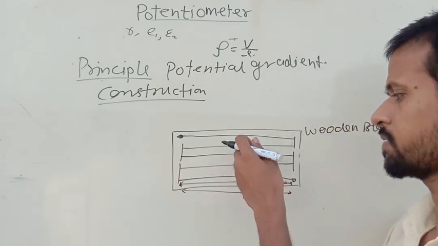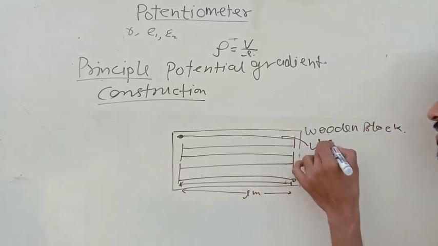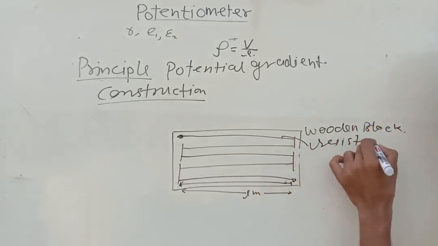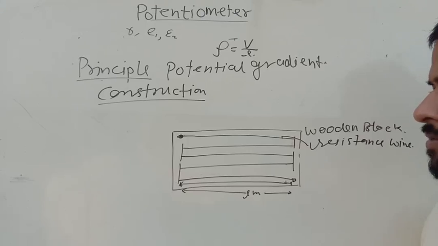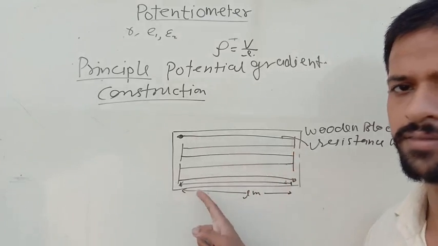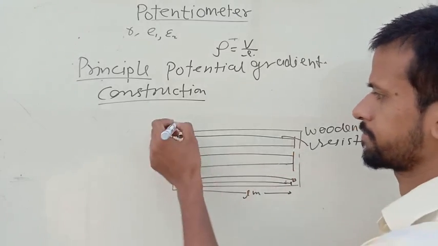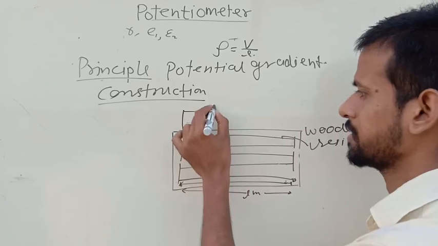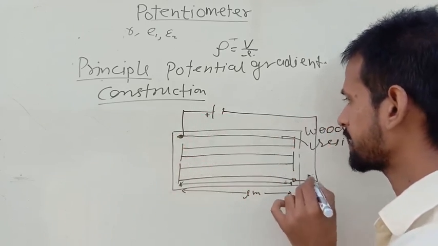So this is 1, 2, 3, 4, 5 meters of wire, and this wire is the resistance wire. This is actually a single wire of 5 meters. Here is a battery or eliminator, that is a source of DC current.